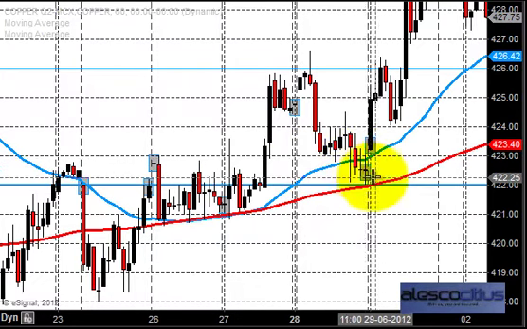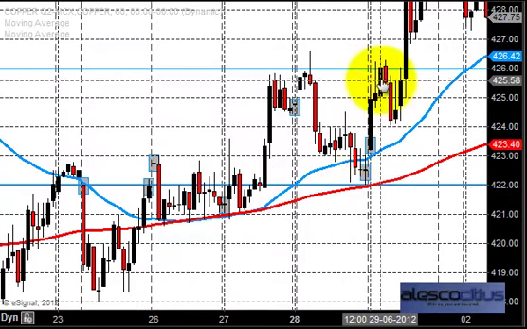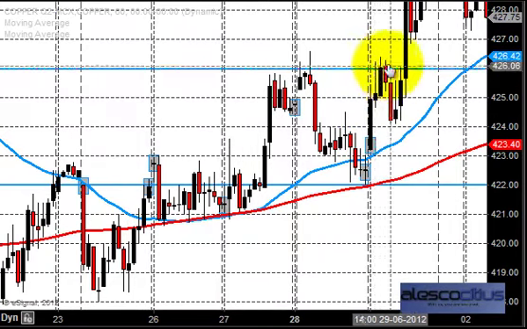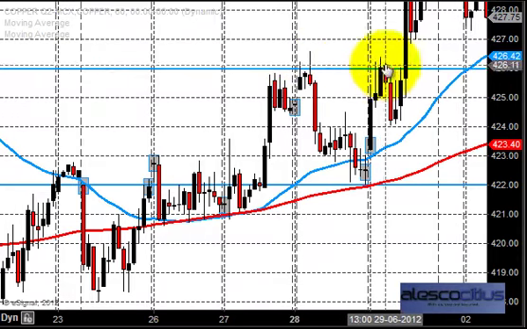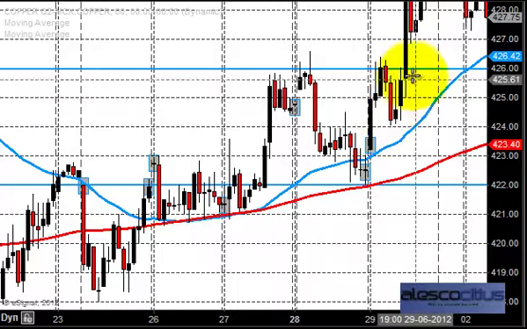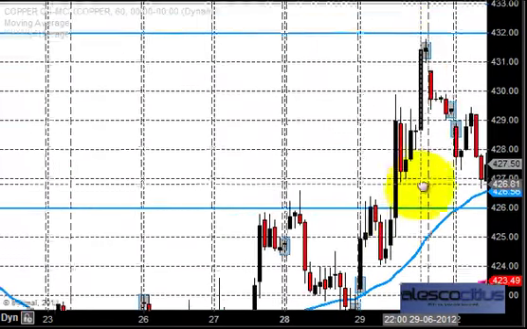On Friday, the market opened above 422 and went straight up and tested 426 again. You can see where the price dropped on the previous day, the market found some resistance and came down. Once this resistance of 426 was broken, you can see the momentum it got.